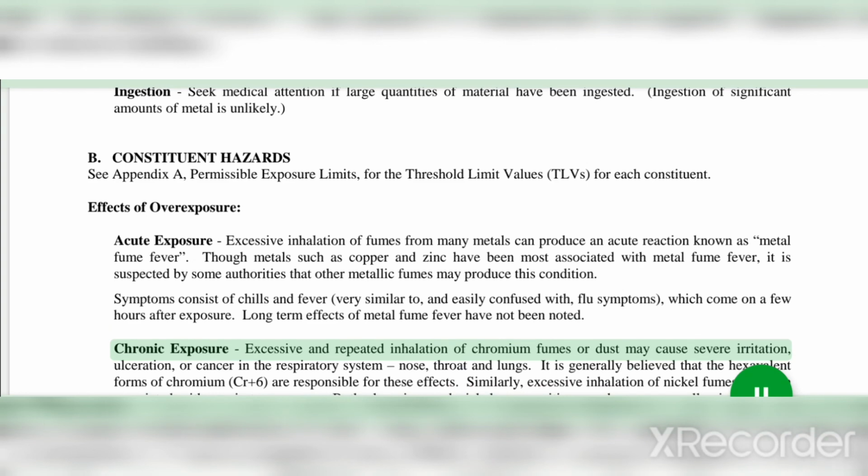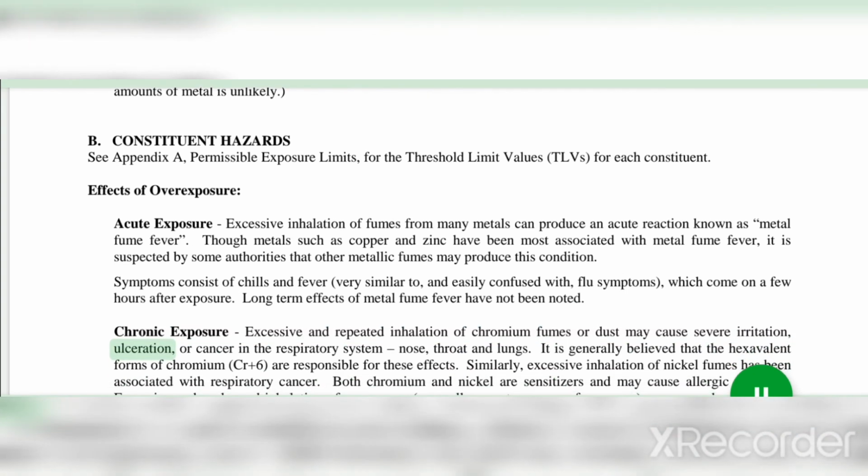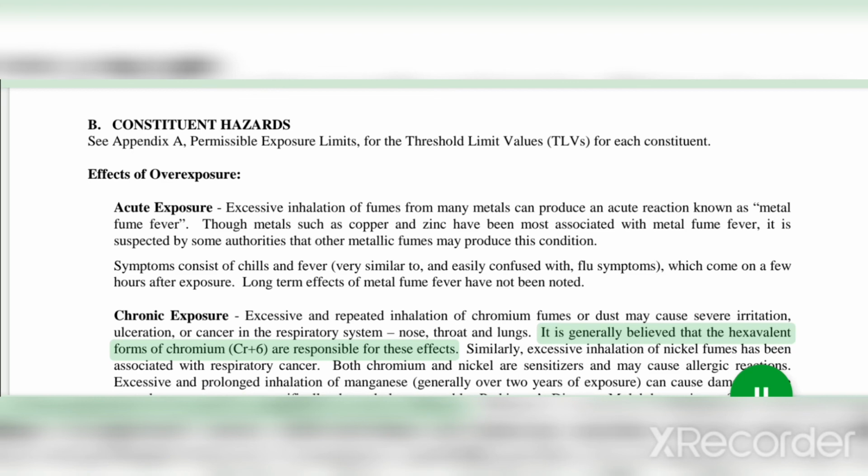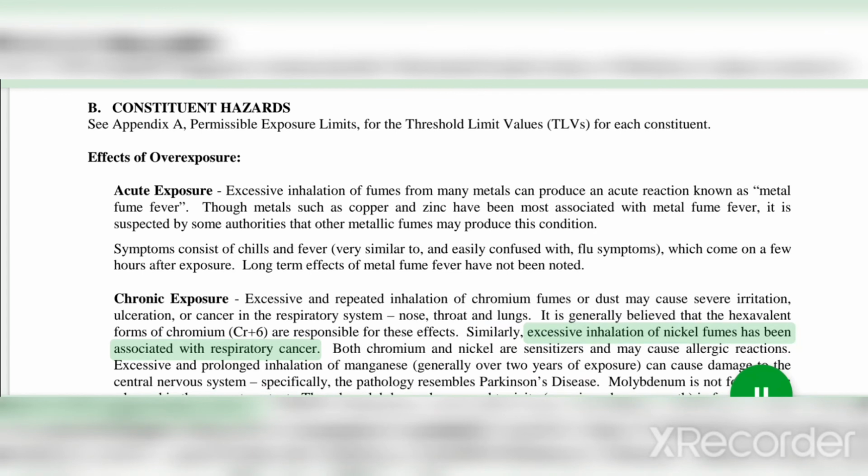Chronic exposure: excessive and repeated inhalation of chromium fumes or dust may cause severe irritation, ulceration, or cancer in the respiratory system, nose, throat, and lungs. It is generally believed that the hexavalent forms of chromium (Cr+6) are responsible for these effects. Similarly, excessive inhalation of nickel fumes has been associated with respiratory cancer. Both chromium and nickel are sensitizers and may cause allergic reactions.